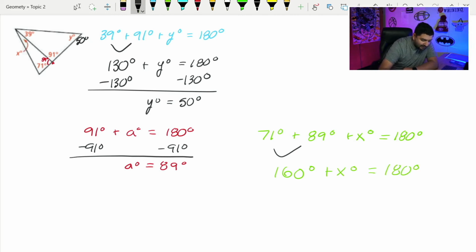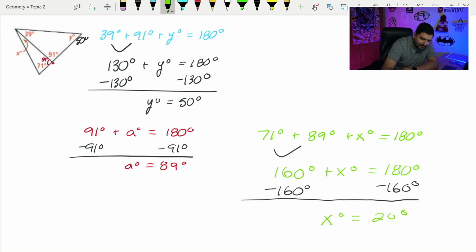I can then subtract 160 from each side, leaving me with x equal to 20 degrees. So for this problem, we know that y equaled 50 degrees and that x equaled 20 degrees.